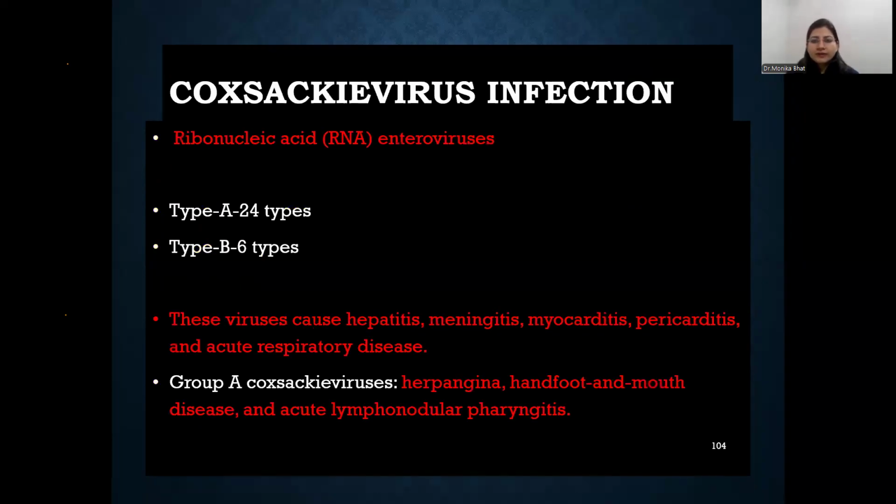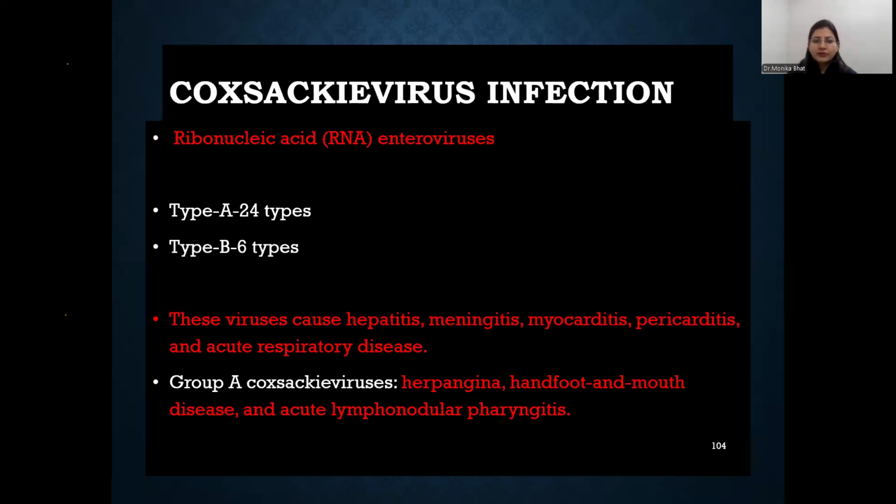Then the coxsackievirus infection. This is of two types, type A and B, where type A has 24 types and type B has 6 types. These viruses cause hepatitis, meningitis, or myocarditis because different systems are involved.